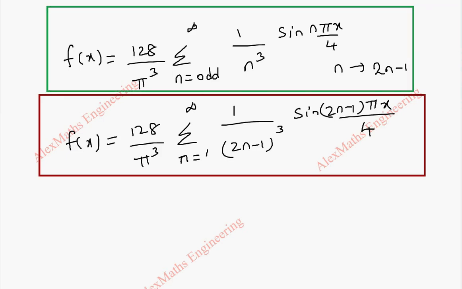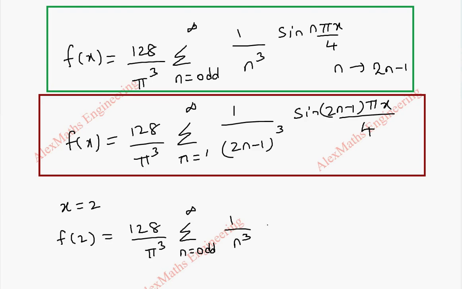So let's take x as 2. When x is 2, we get f of 2 equal to 128 by pi cube summation n equal to odd till infinity 1 by n cube sine n pi into 2 by 4. So we get n pi by 2.